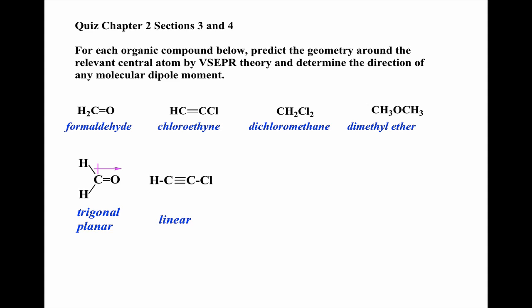Chloroethine. Yep. Dichloromethane. Just to the chlorines? We actually kind of split the difference, right? So we got these two chlorines going out, and the dipole actually is between them because of the three-dimensional structure.